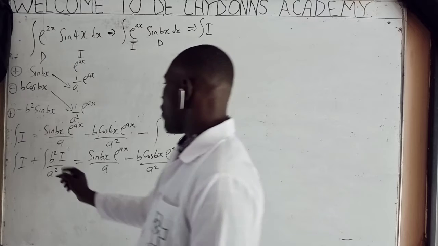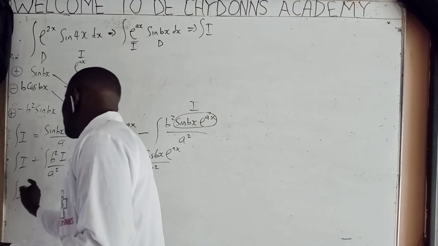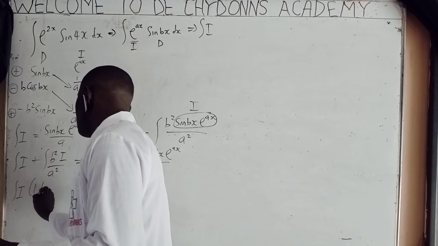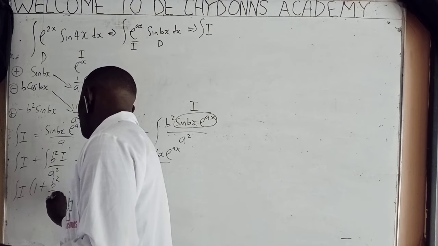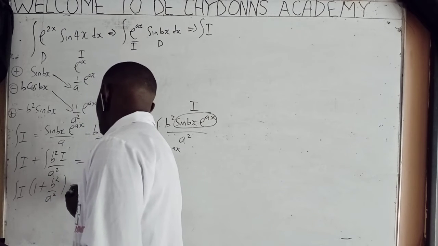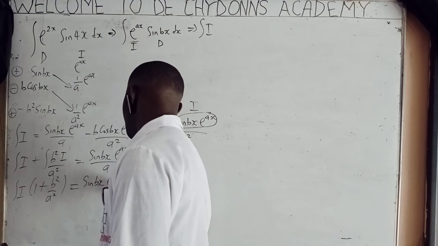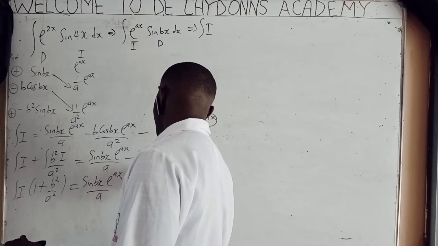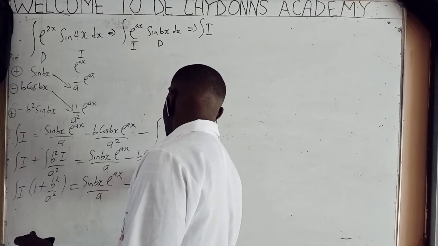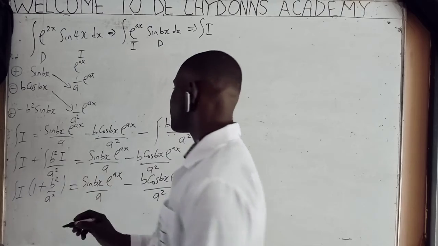Then when you factorize, you have integration I bracket 1 plus b squared over a squared will be giving you sine bx exponential ax all over a minus b cos bx exponential ax all over a squared.